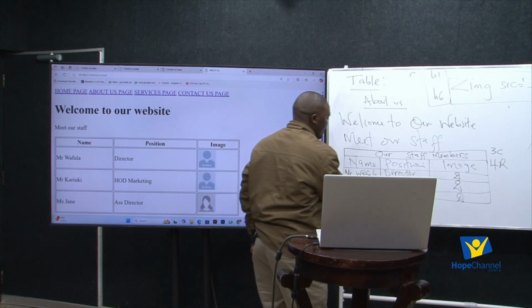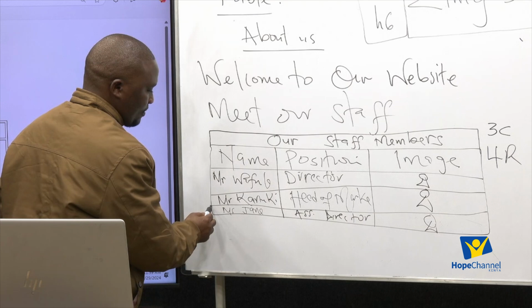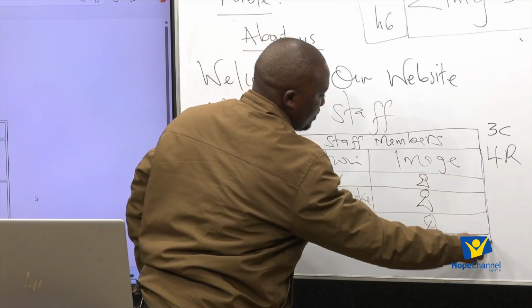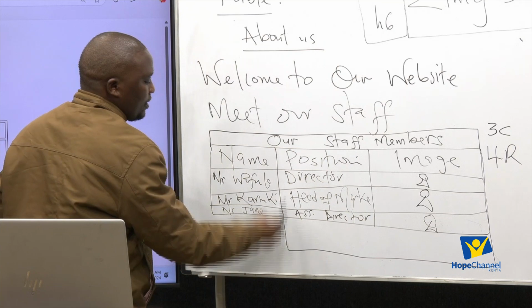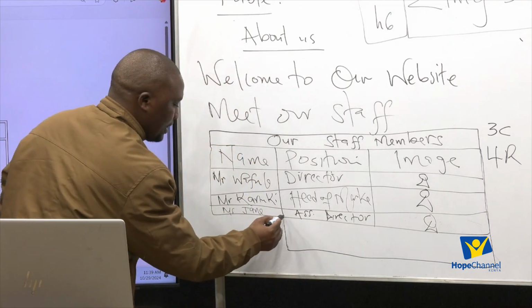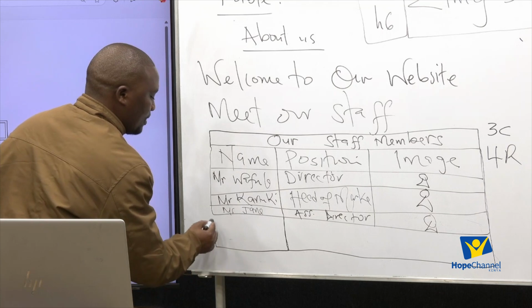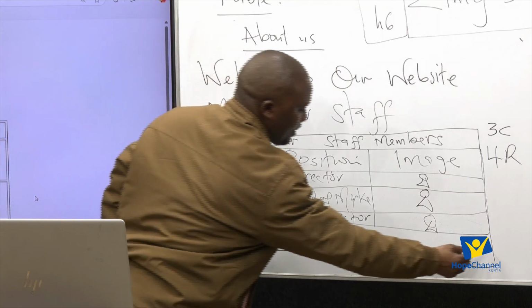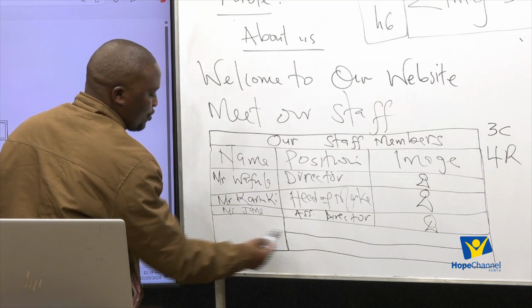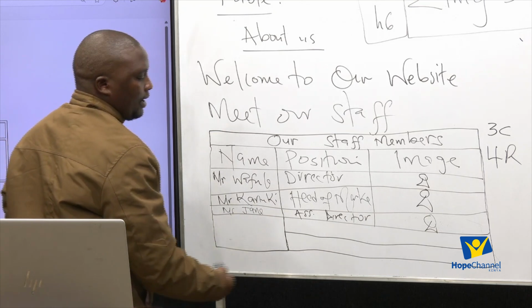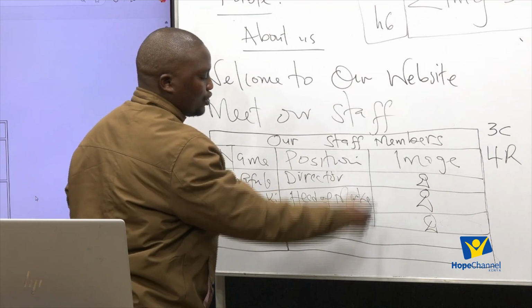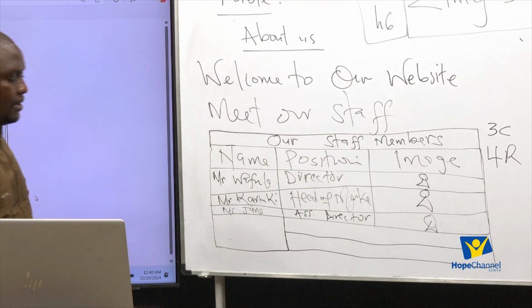At some point down here, you can decide to introduce a cell here that is spanning across several rows, and you can decide to introduce another cell that is spanning across two columns, something like that.